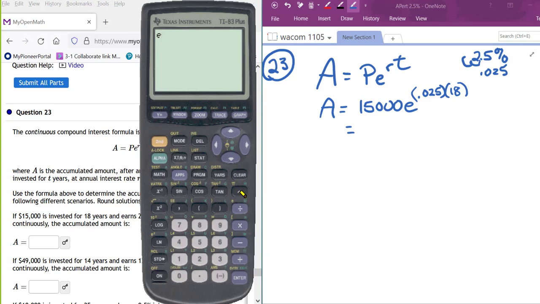We're going to raise it to a power. Then you need parentheses because you're going to do some math. 0.025 times 18. Close your parentheses and go ahead and hit enter. Now do times your 15,000. And there you go.